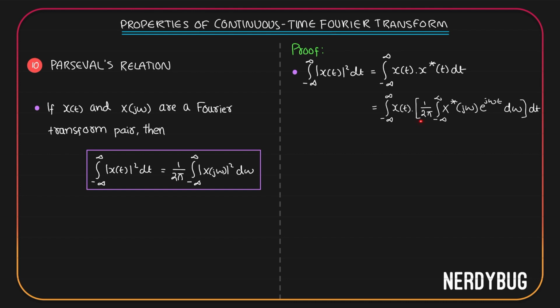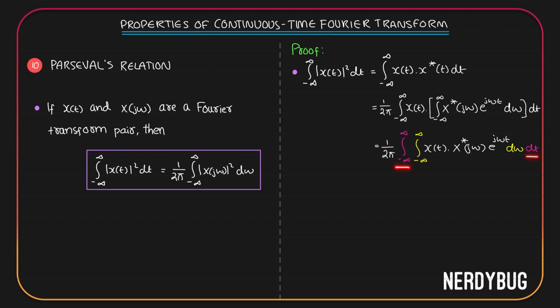dt. 1/2π is a constant. Let's take it out of the integration. There are two integrations. Let's put them together. So this becomes 1/2π times the integral from minus infinity to infinity, integral from minus infinity to infinity, of x(t) X conjugate of jω e^(−jωt) dω dt.